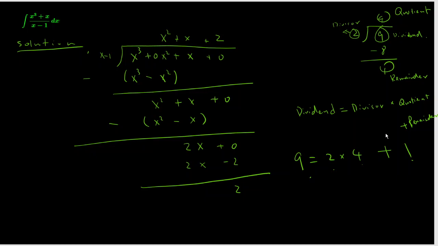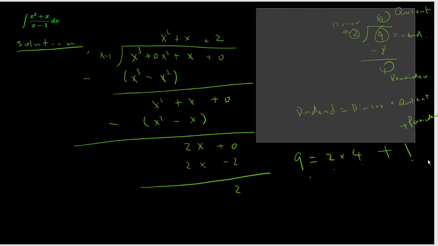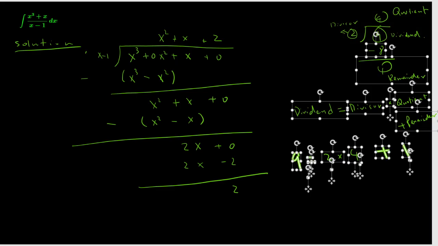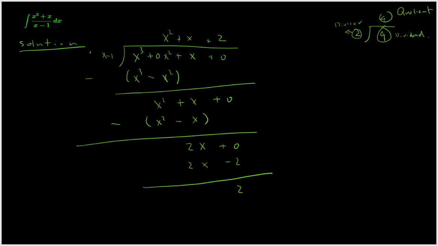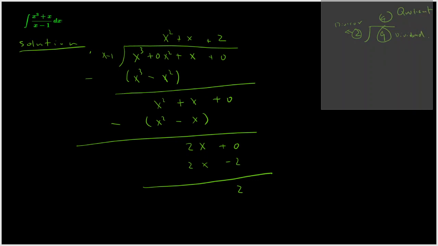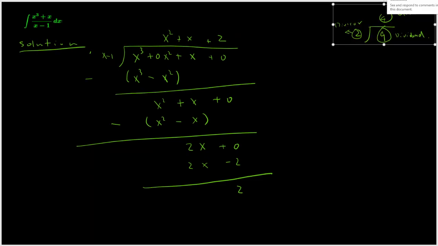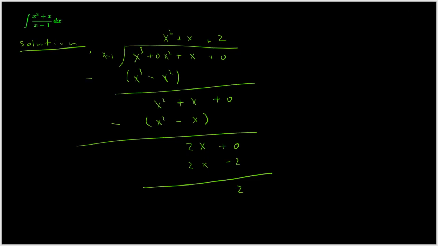I'm going to remove that. After the long division, you'll see the dividend. This time I'm going to omit the 0 terms. The dividend is x cubed plus x plus 3.